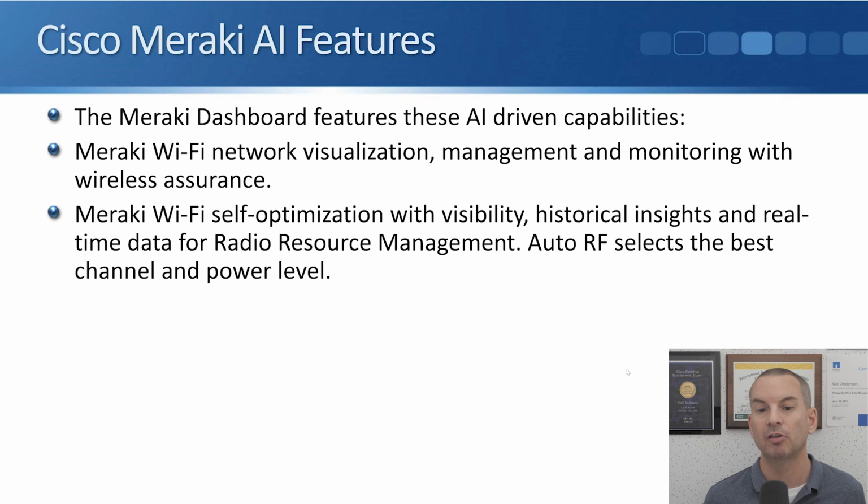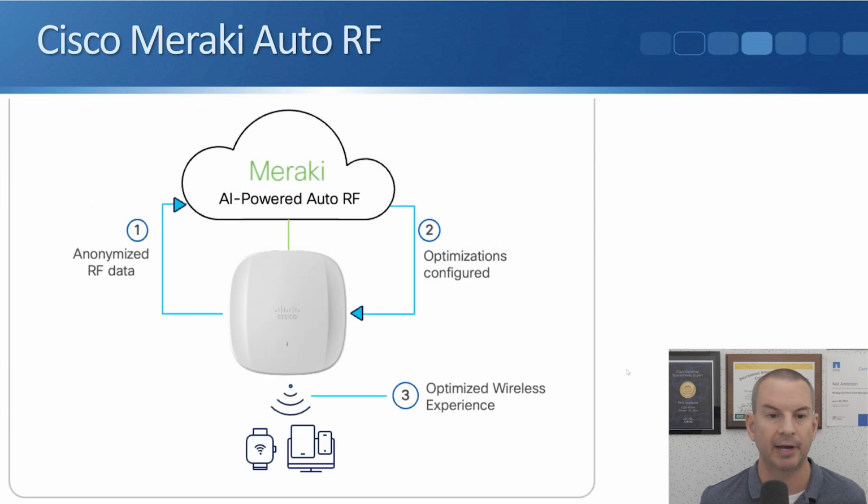An example of this is the Auto RF feature, which automatically selects the best channel and power level on your APs. We'll have a look at that feature now. So with that, what happens is your APs send their radio frequency data up to the Meraki cloud. It is anonymized, so there's no private enterprise information going in there.